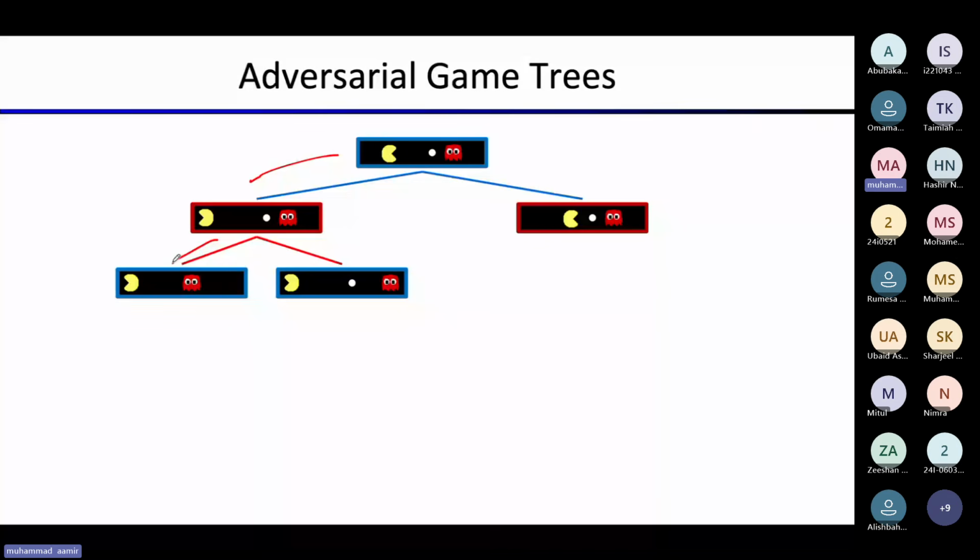Another question arises here: which player will take the first move? Because sometimes in some games the first move becomes decisive. Like we sometimes assume in cricket that the team which won the toss has a high chance of winning, because it elects to, let's say, bat first.